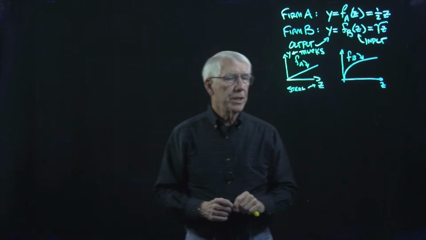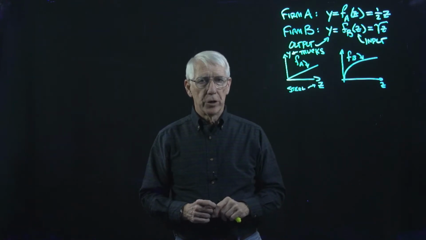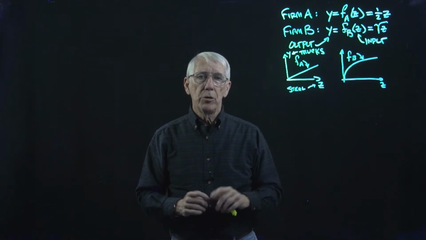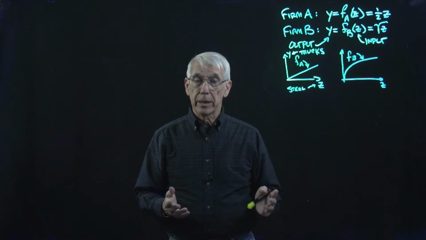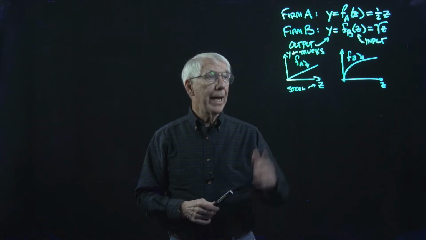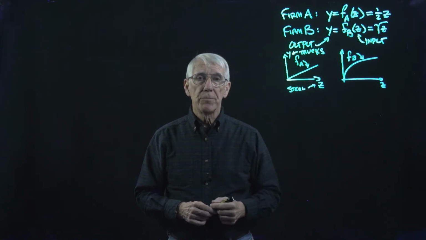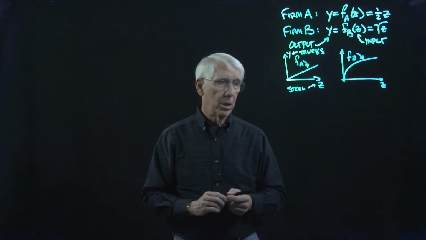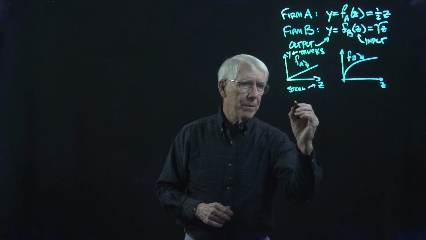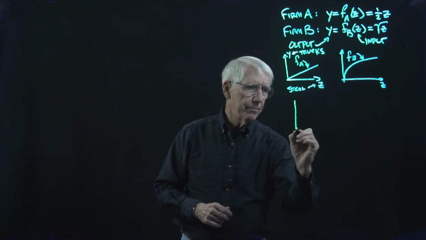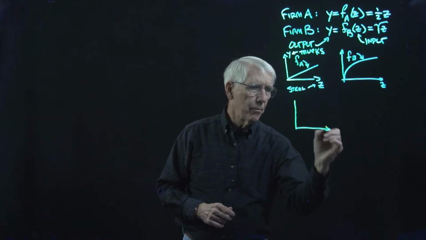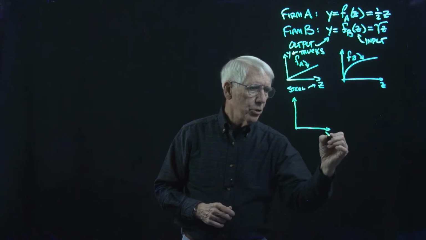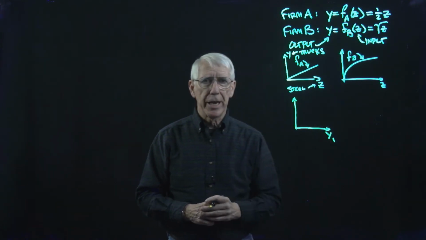Now suppose that instead we had a firm that produced more than one kind of product, more than one kind of output. Let's say one of these firms produces both trucks and cars using steel. Then we would have to do something like the following. We would say there are two kinds of output, let's say, for this firm.